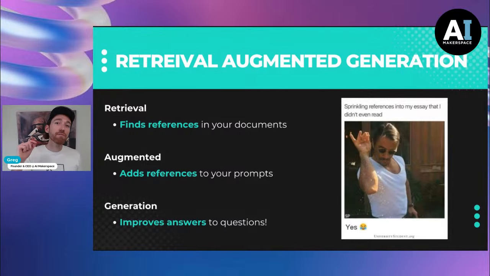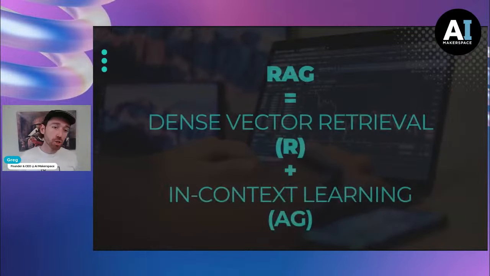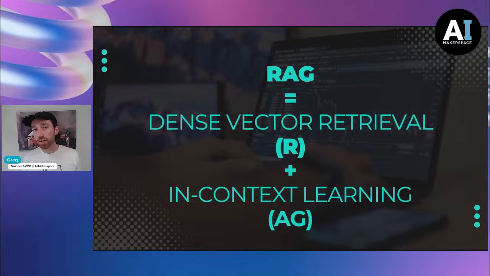We want to find references. We want to add those references to the prompt. We want to improve our generations based on those references. At AI Makerspace, we like to think about RAG as being broken down into two different components. One is dense vector retrieval, and one is in-context learning.